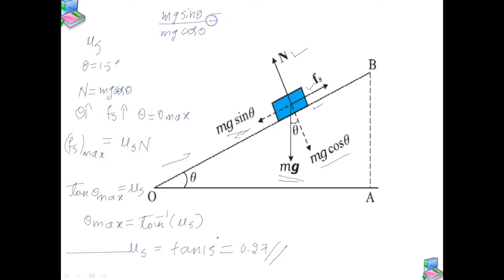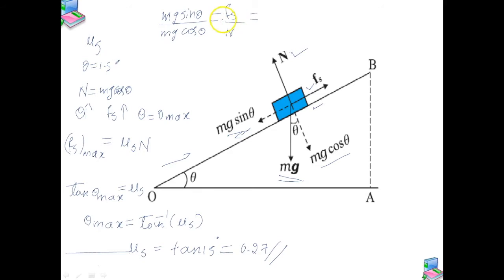is equal to, so we know that mg sin theta is what? Yes, mg sin theta is nothing but the horizontal static friction Fs, and mg cos theta is nothing but the force N. We already know that as theta increases, Fs also increases.